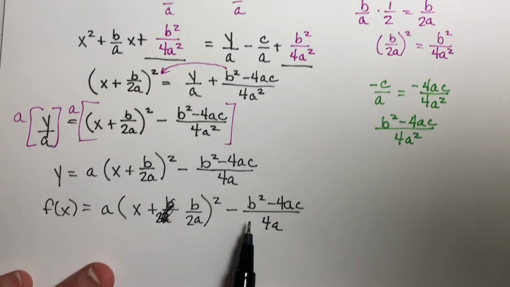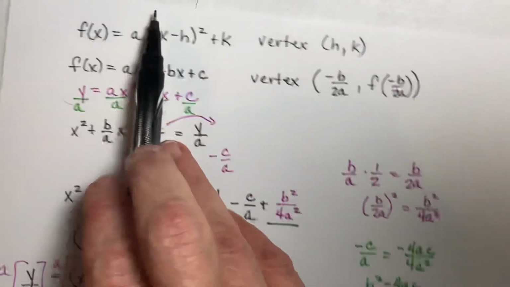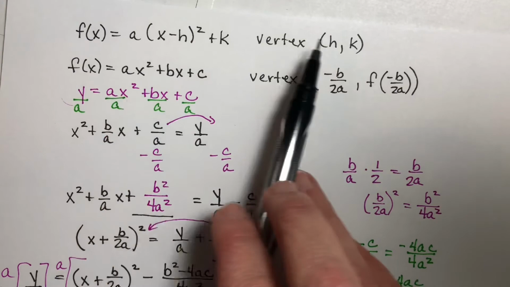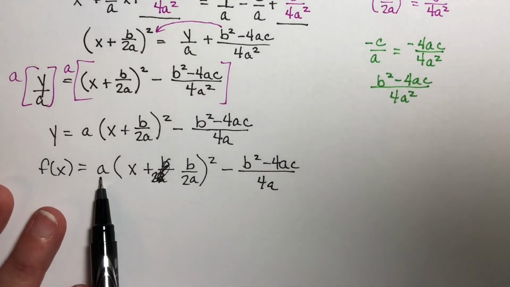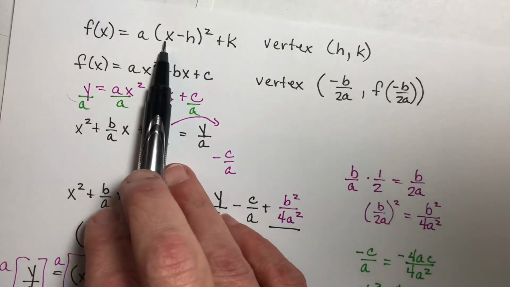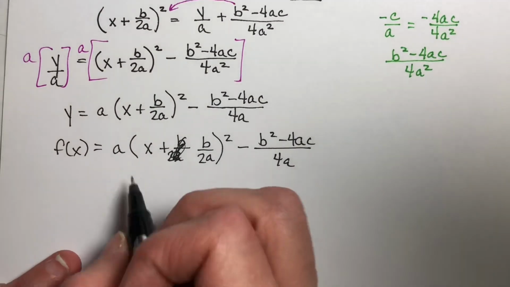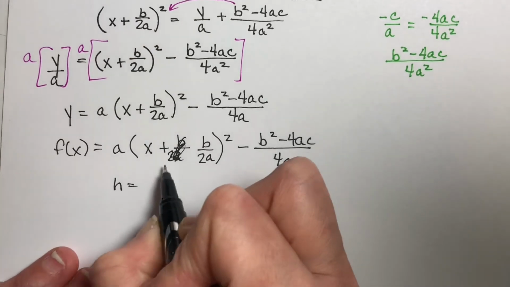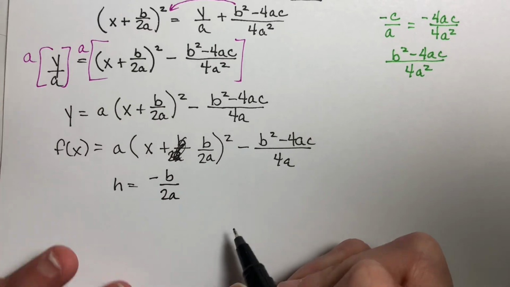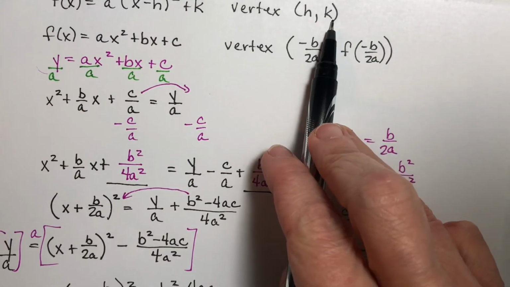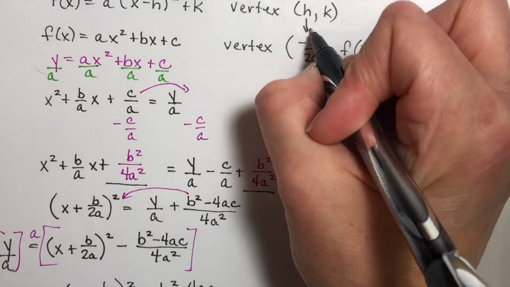Now let's compare this to this formula right here. a is still a, and when we learned about this other version, we said that a is the same, and you can see that it definitely is. x minus h. Well, this is x plus, so in this case our h value would be −b/2a. Our vertex is (h, k), but our h is −b/2a. This is exactly where this comes from.